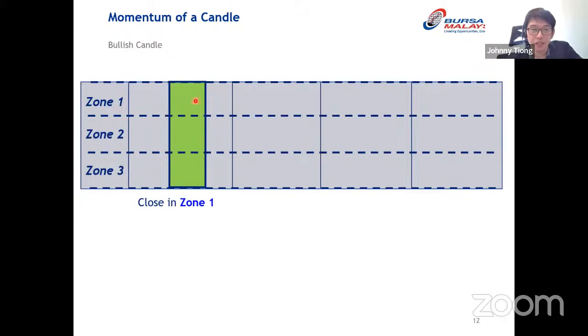If it's in zone 1, it means buyers are in control. In conclusion, at 9 o'clock when the market opens, everyone goes to buy this stock. This is the opening. At 5 p.m. when it closes above the opening price, it is a bullish candle closed at zone 1, so the buyers are in control.